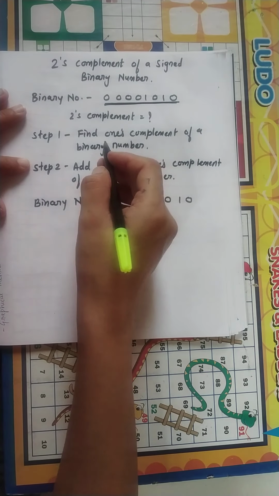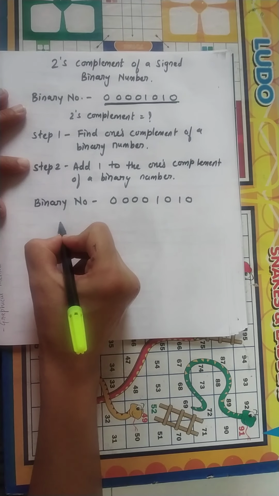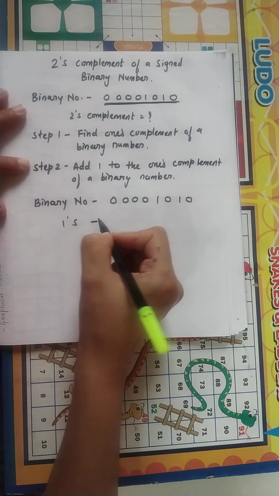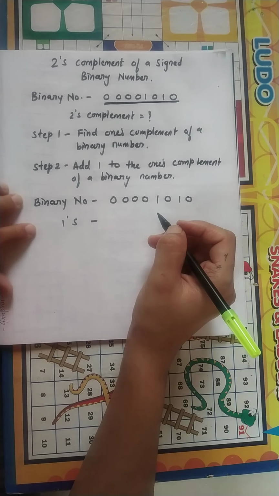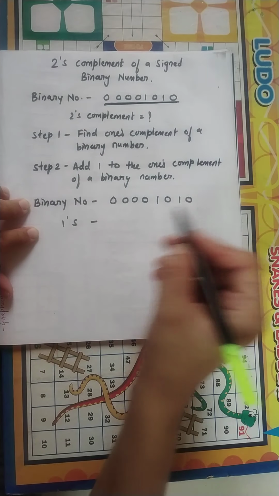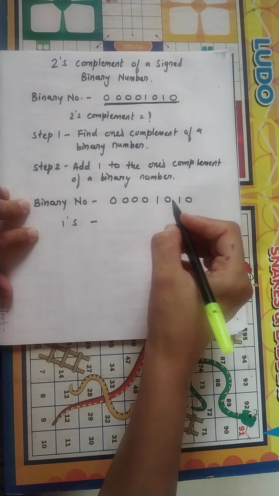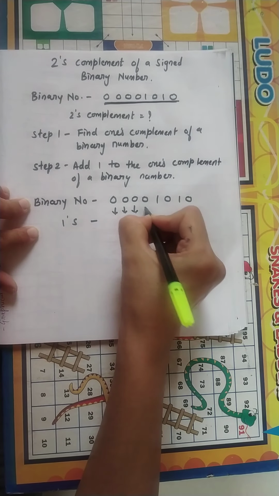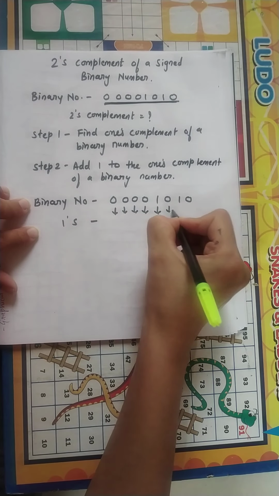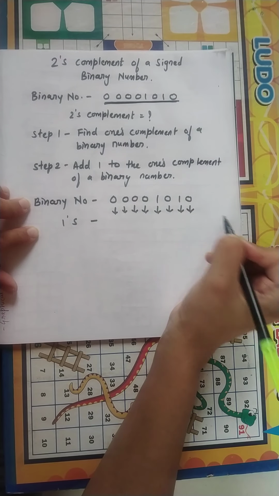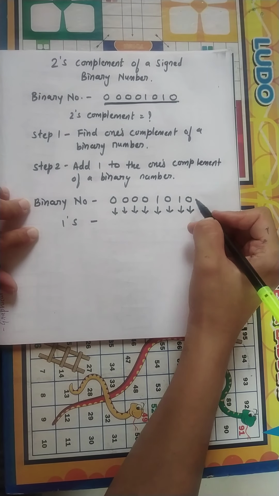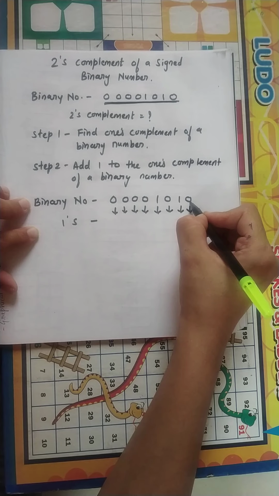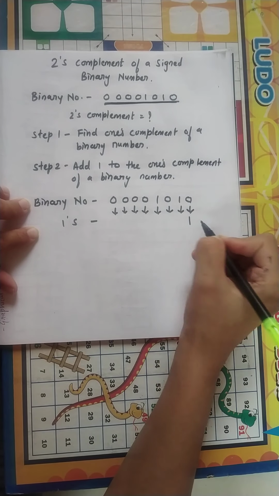Now step 1 is what? Find 1's complement of this number. So for finding out the 1's complement of the binary number, what we have to do? We have to invert these numbers. So how are we going to invert? That means if we are having 0, then we have to invert it as 1.